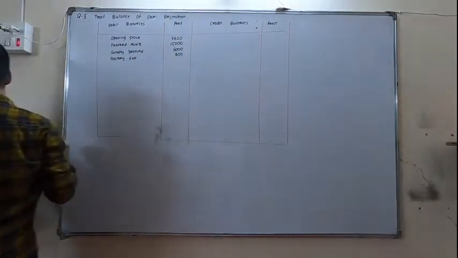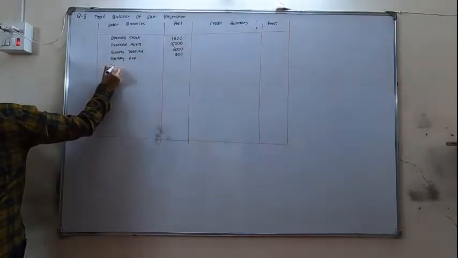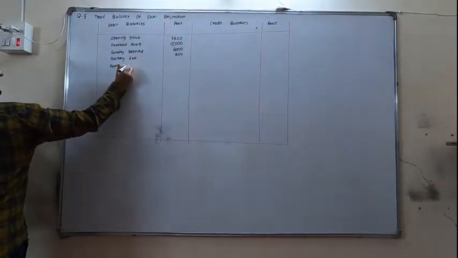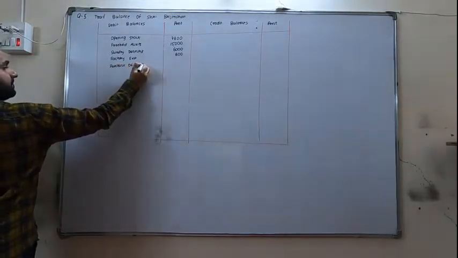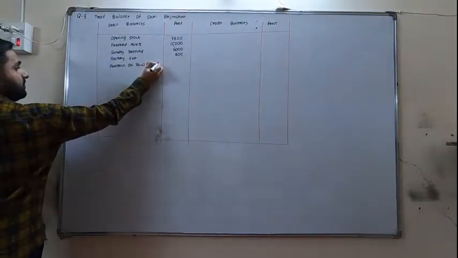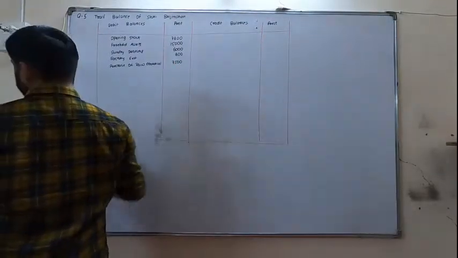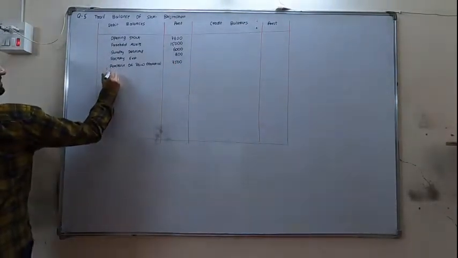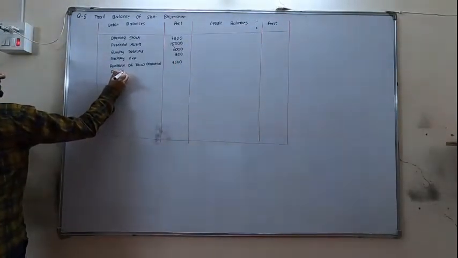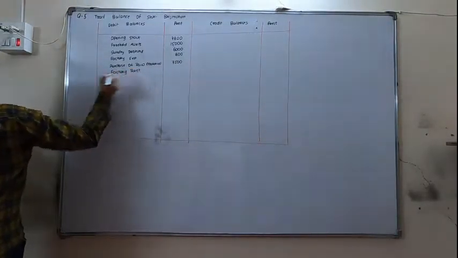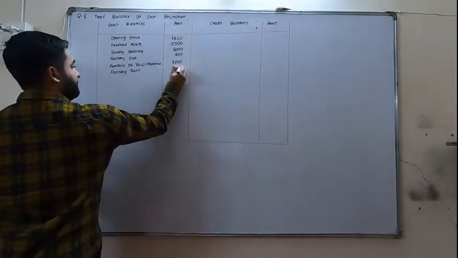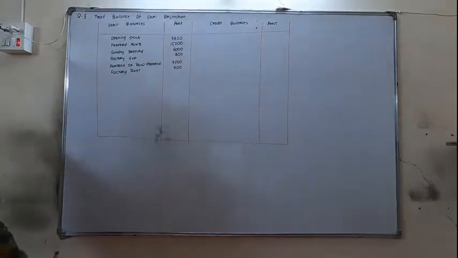Next, purchase of raw material 7,500. Then next, factory rent is also an expense, so on the debit side 700. Next, discount allowed.